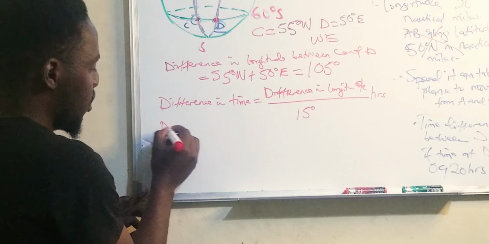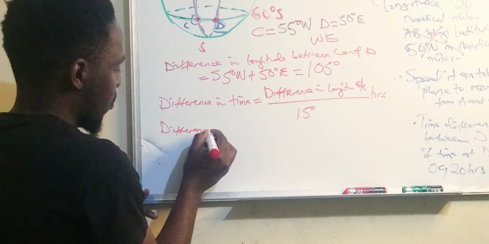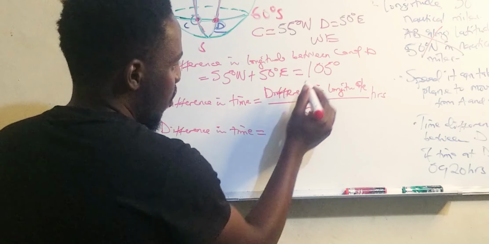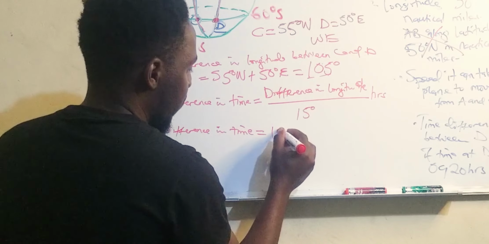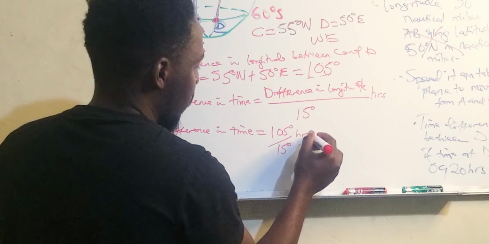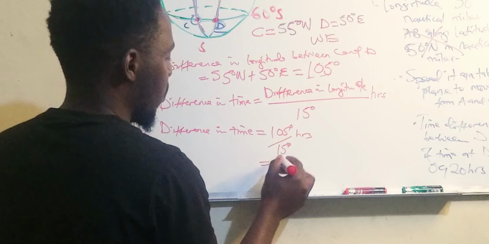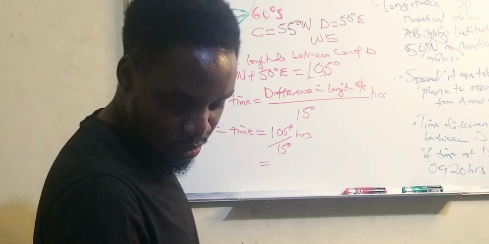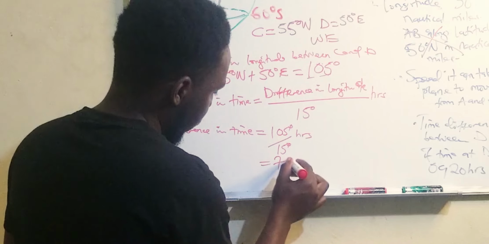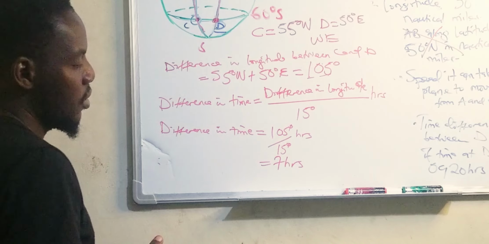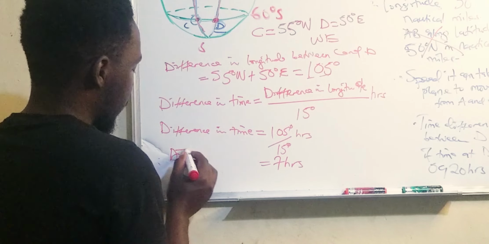So difference in time is equal to difference in longitude, 105 degrees, over 15 degrees. This should give us hours. Degrees and degrees will cancel. When you calculate there, you should end up having 7 hours as the time difference.